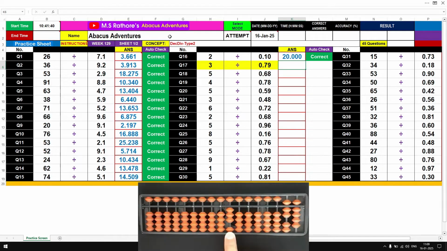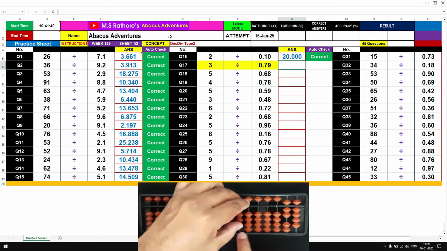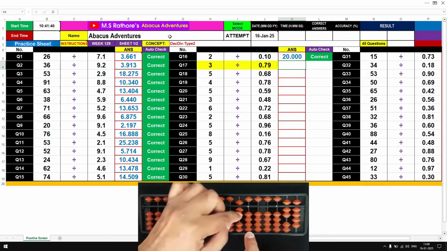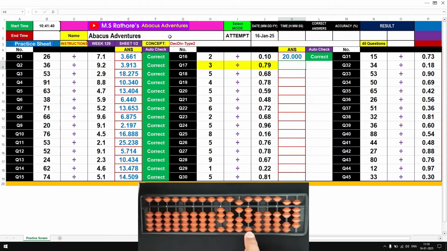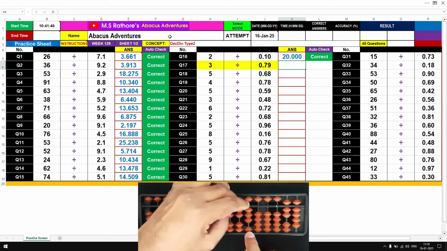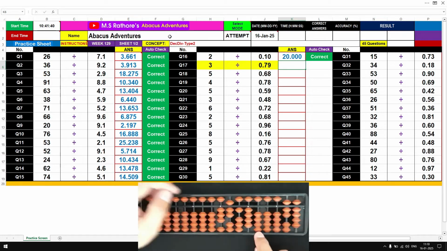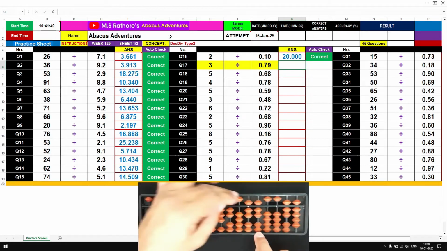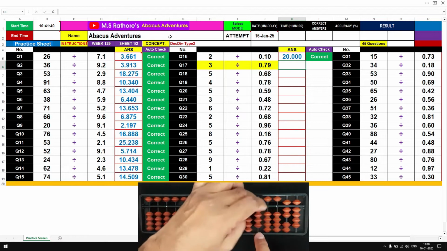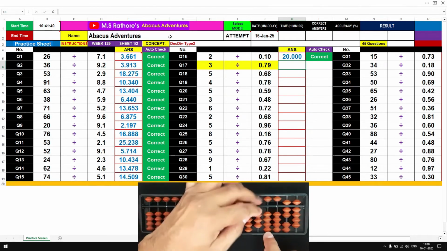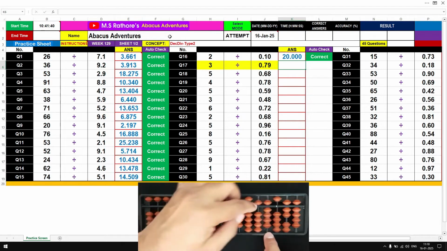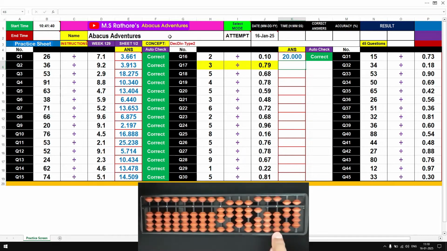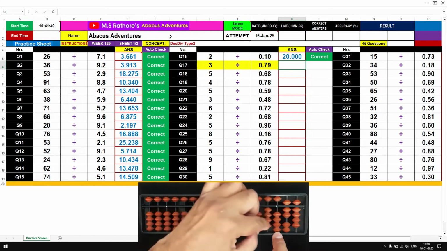My finger is below 3, it doesn't work. Let's take 30 together. Now 7 3s are minus 21, finger shifted, 9 3s are minus 27, 63 is the new value. 7 7s are minus 49, shifted, 9 7s are minus 63, new value is 77. 7 9s are 63, shifted, 9 9s are minus 80 minus 1, new value is 59. 7 7s are minus 49, finger shifted, 9 7s are minus 60 minus 3.